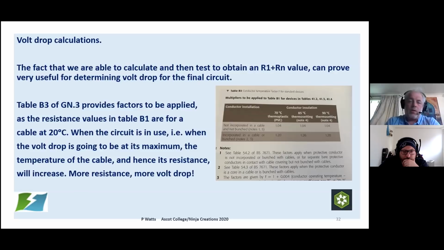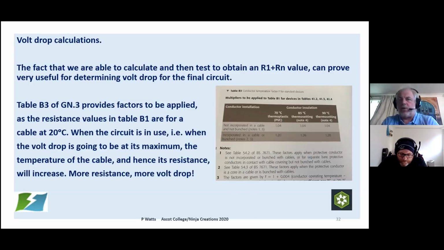Also remember that as the current goes through, the temperature of the cable will change. So when we're looking at volt drop calculations, we need to factor in the temperature of the cable at its maximum operating temperature under use. When we look at table B3, it's talking about a 70 degree C thermoplastic PVC.